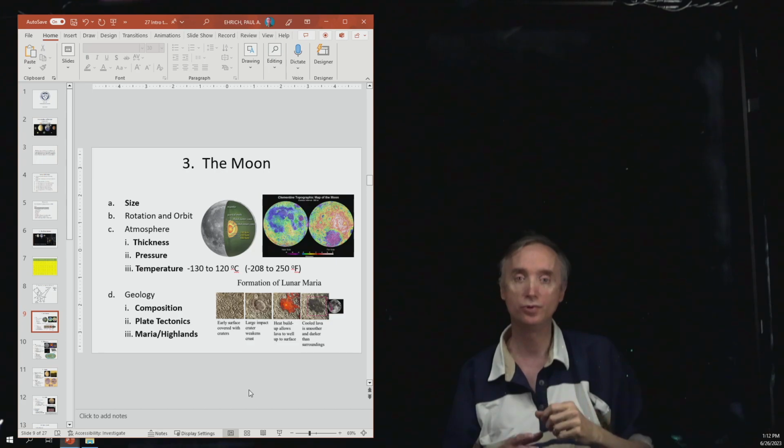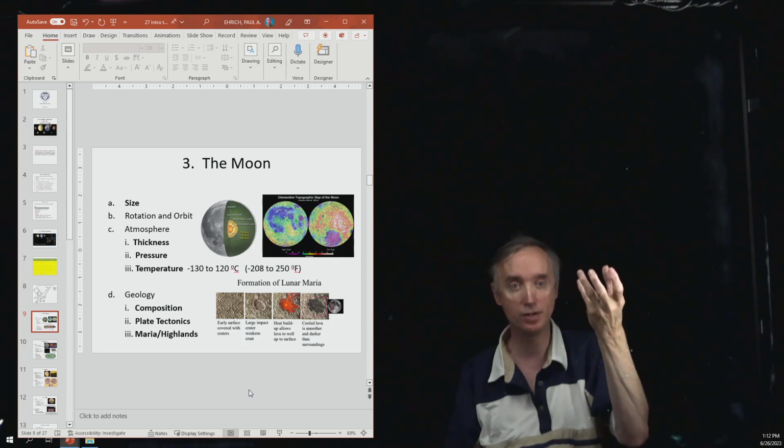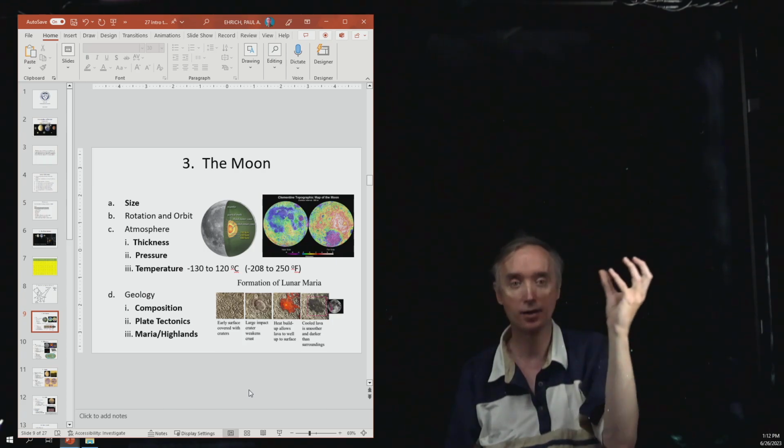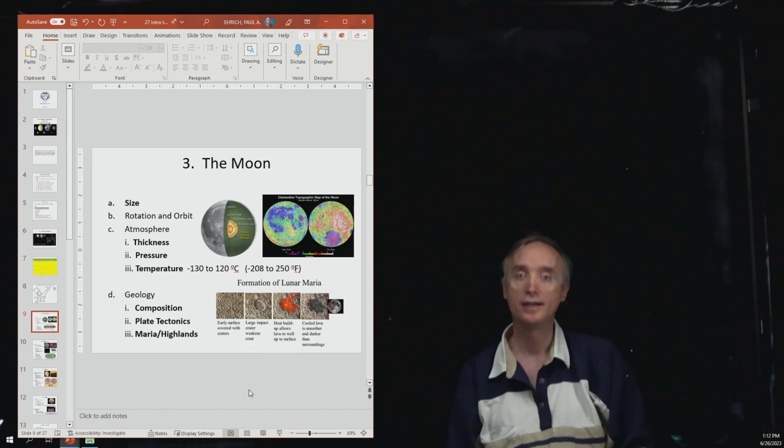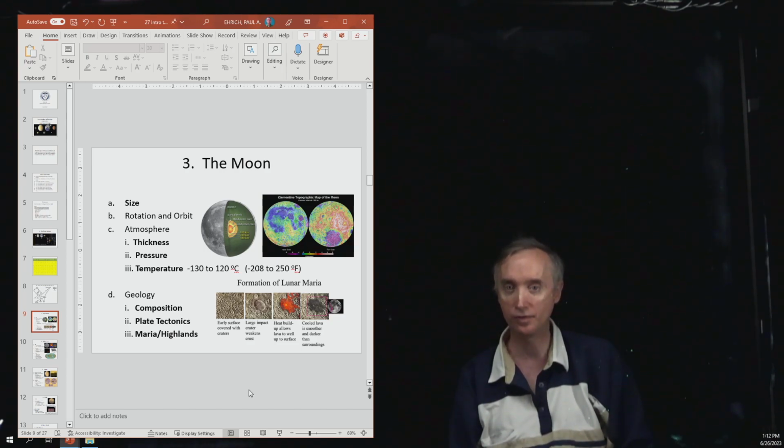So we say that the moon is tidally locked around the Earth, so that the rate at which it's spinning is the same as the rate at which it's orbiting, and that's due to the gravity of the Earth acting on the moon.